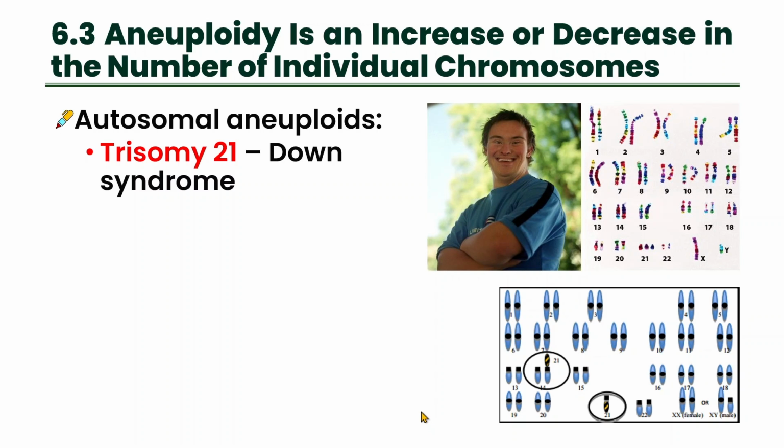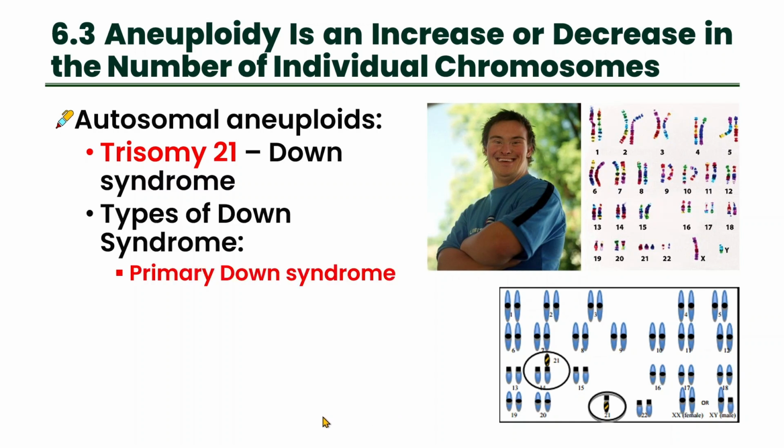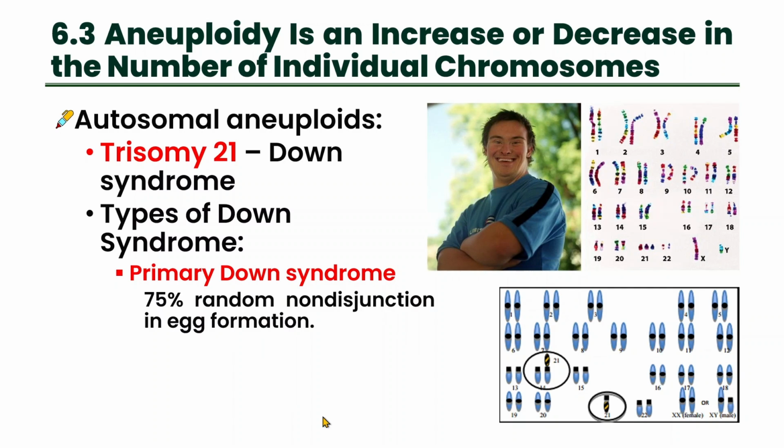If it happens in autosomes, it could include disorders like trisomy 21 or Down syndrome, and we've mentioned before that there are many types of Down syndrome. The first one is primary Down syndrome, where it results from 75% random non-disjunction in egg formation, or the familial Down syndrome.